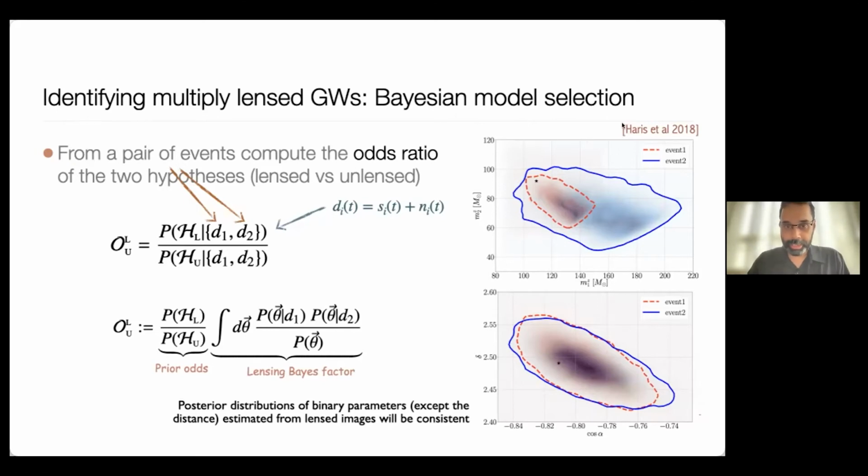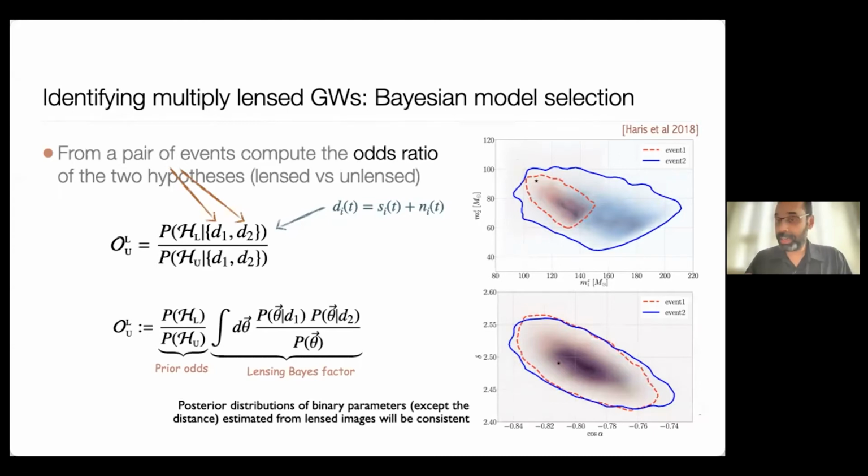So here is an example from two simulated observations. Here are the reconstructed posterior distributions of the primary mass and the secondary mass from the two simulated events, while the star is the actual value. These two contours are the 90% credible regions of the estimated posterior distribution of the masses.